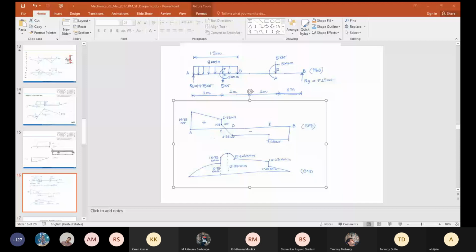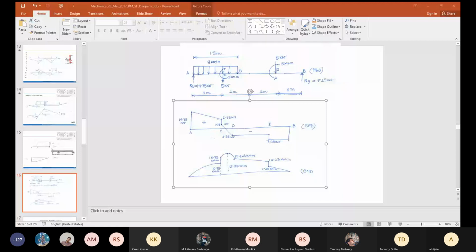Let us draw a section here and let's try to solve it here. We want to find out V. We want to find out M.